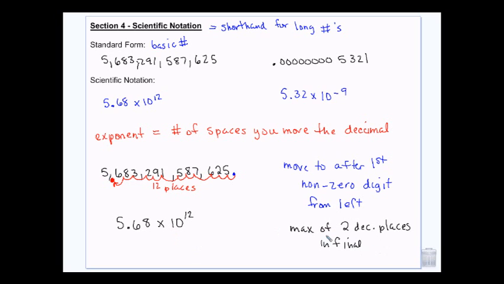In the final, you only have 2 decimal places. This 12 gives us that.